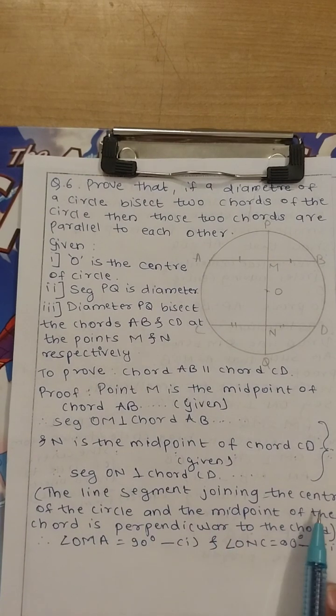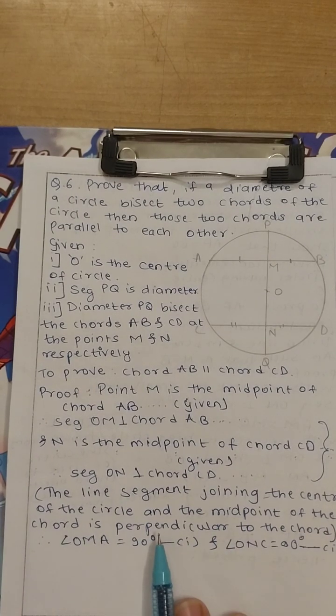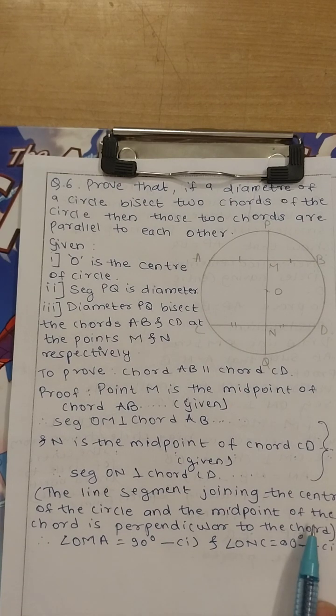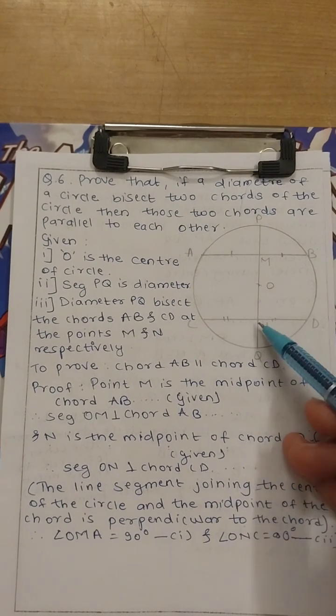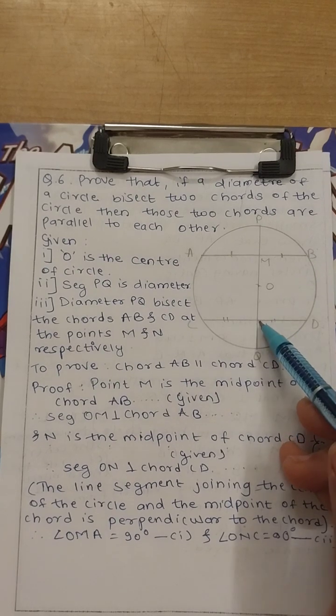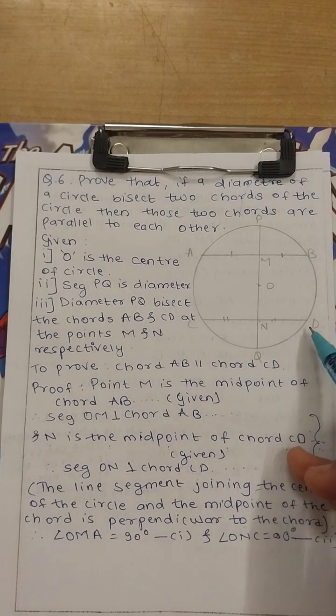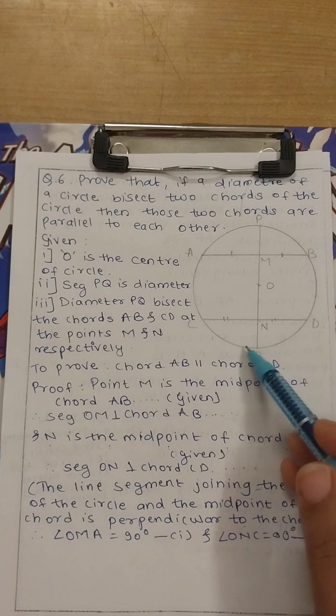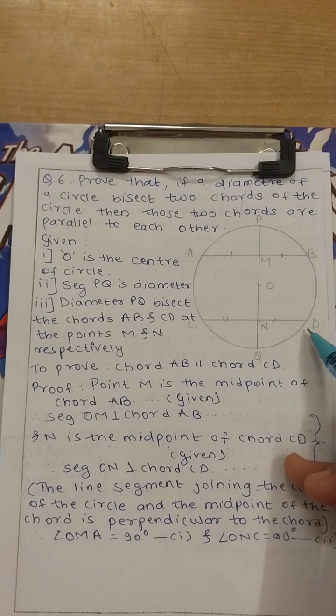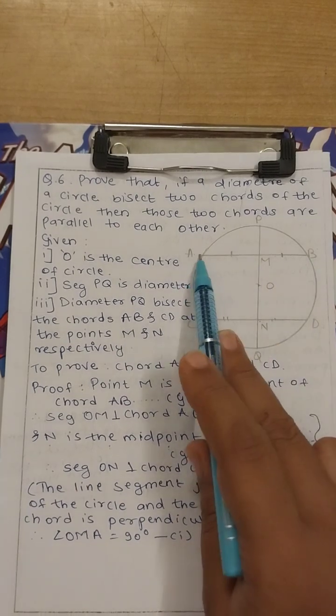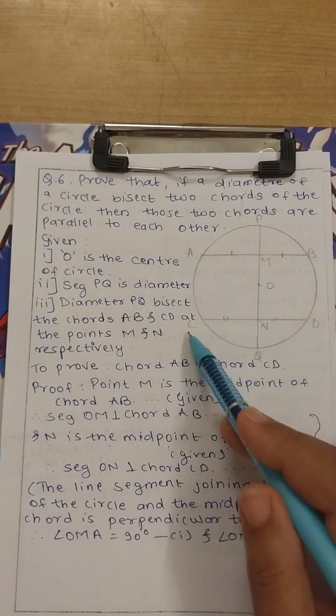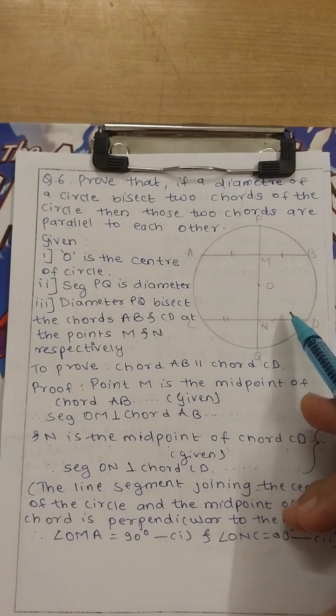The line segment joining the center of a circle and the midpoint of the chord is perpendicular to the chord. Therefore, angle OMA and angle ONC are equal to 90 degrees.